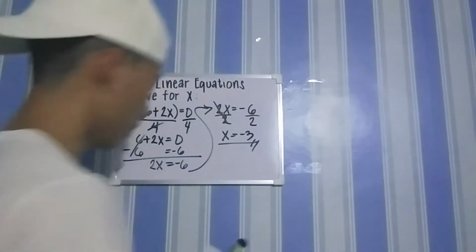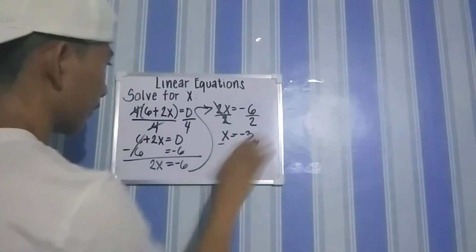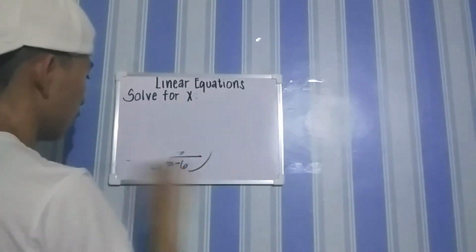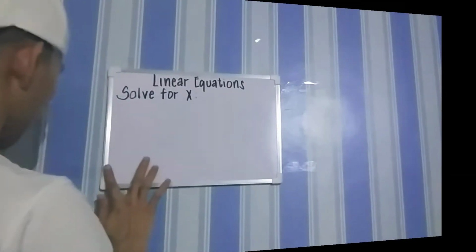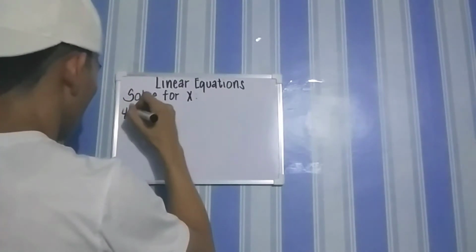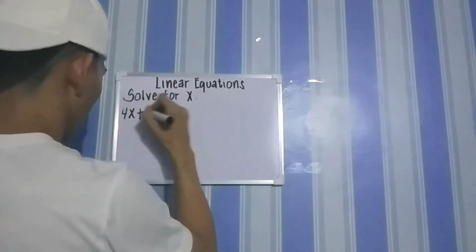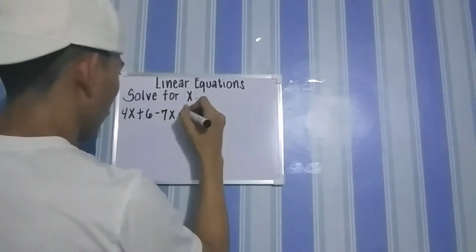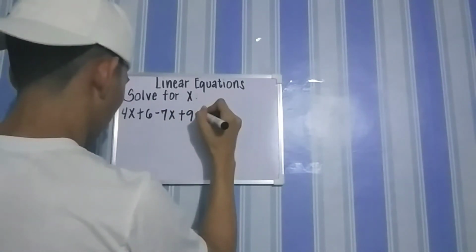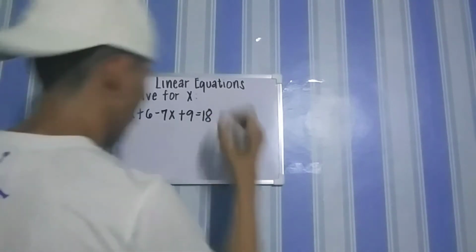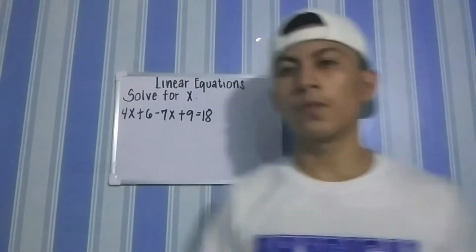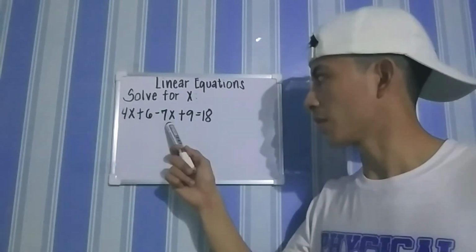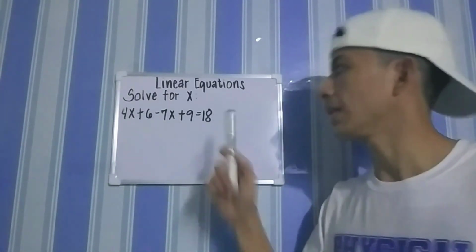So for our next problem, given equation 4x plus 6 minus 7x plus 9 is equal to 18.